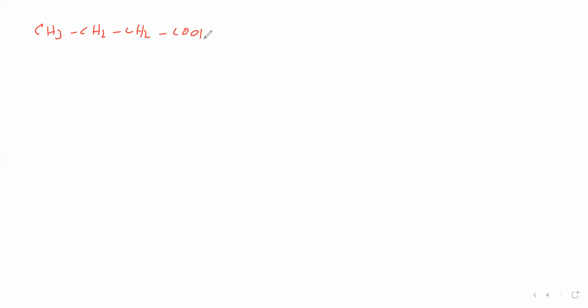Now we will take the next compound, that is CH3, CH2, CH2, COH. Then this carbon I will write under this, and I will get CH3, CH, CH3, COH. Now we will select the parent chain in order to give the name.